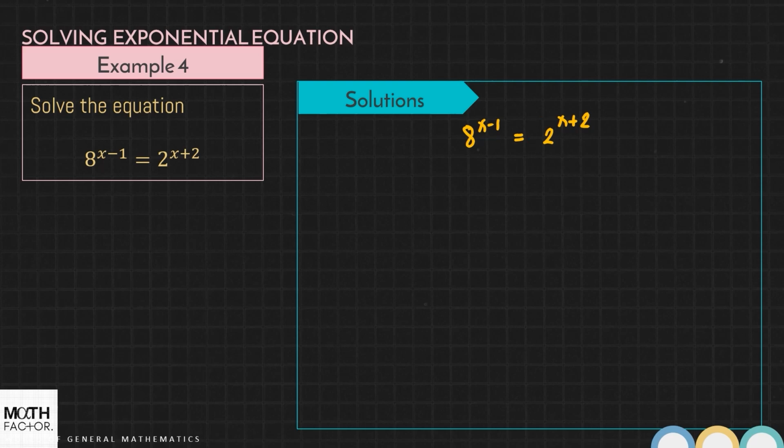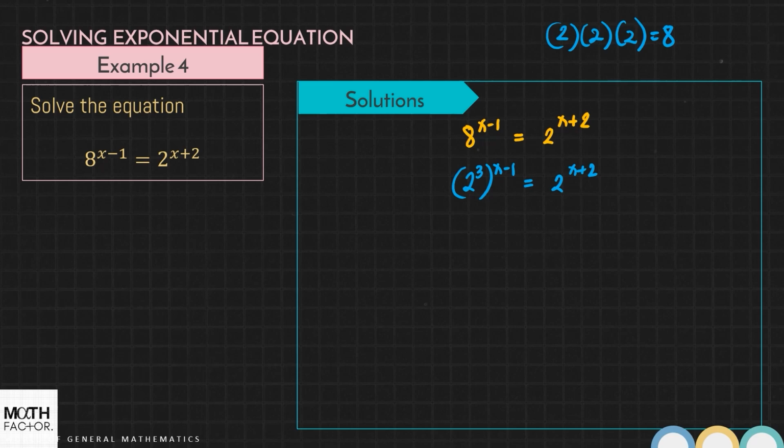Let us write this 8 as 2 to the power of 3. Diba? We have 2 times 2 is 4 times 2 is 8. Then, copy natin itong exponent. Then, I have here 2 raised to x plus 2. So, since we have here same bases, we can now equate our exponents.